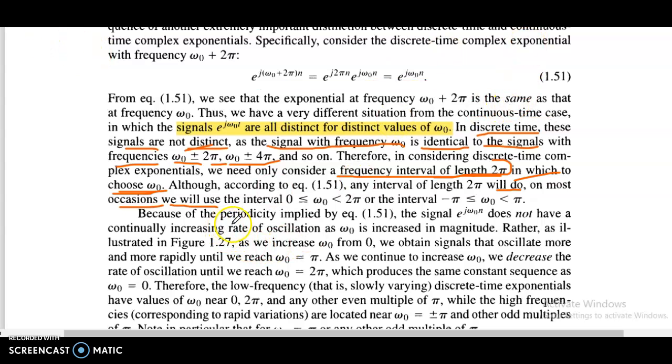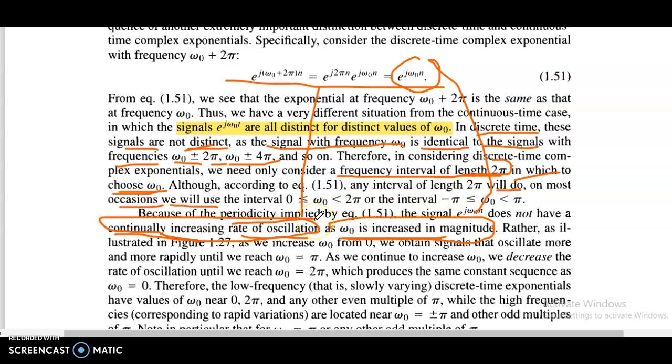The rate of oscillation is not continually increasing, even though ω₀ has increased in magnitude.